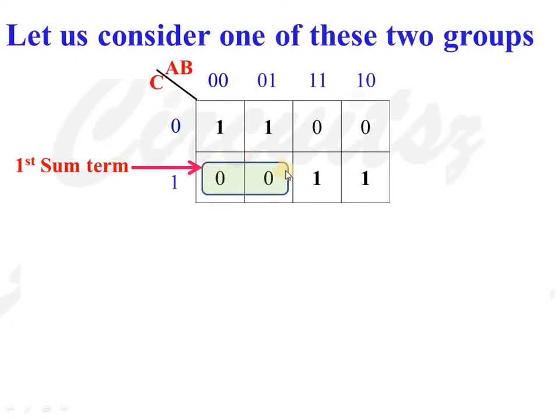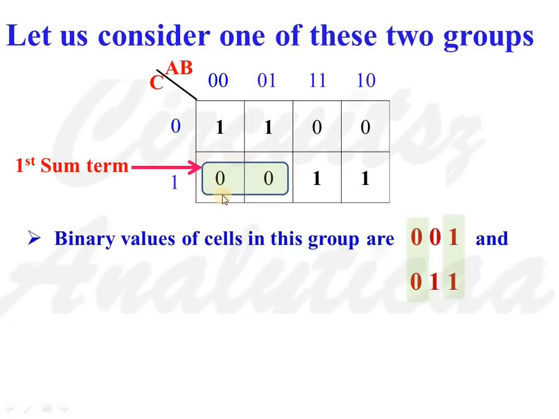So let us consider the first group. We are going to find an expression for first sum term. For this cell, binary value is equal to 0, 0, 1. And for this cell, binary value is equal to 0, 1, 1.